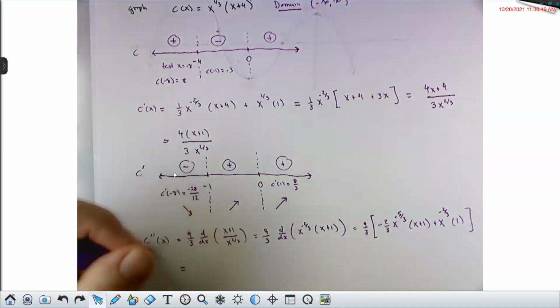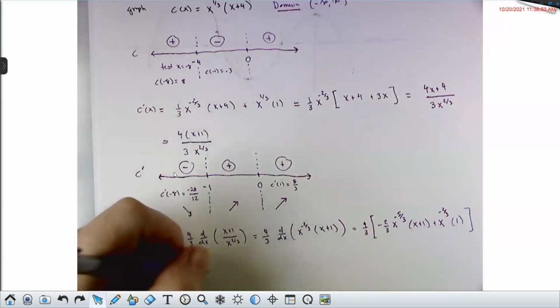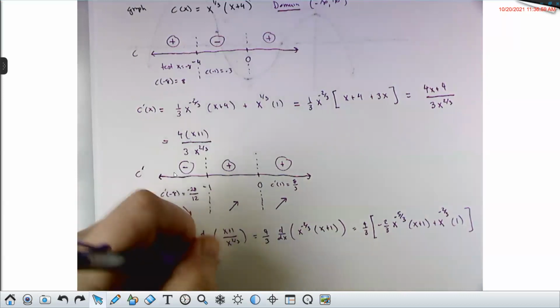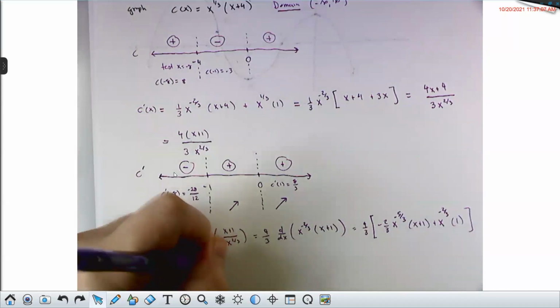And what can I do? I can factor out negative 2/3, and that will give me a negative 8/9 out front. And I'm also going to factor out the larger negative power here, so that's x to the negative 5/3.